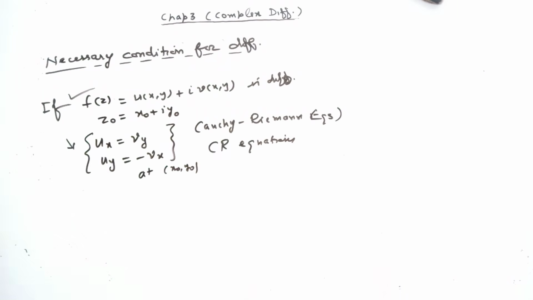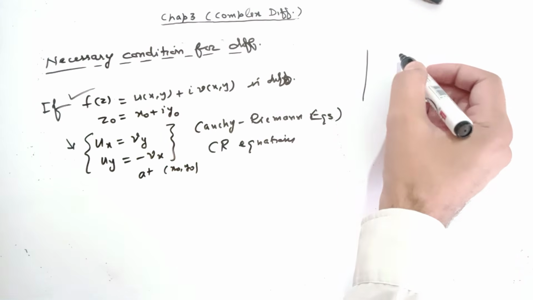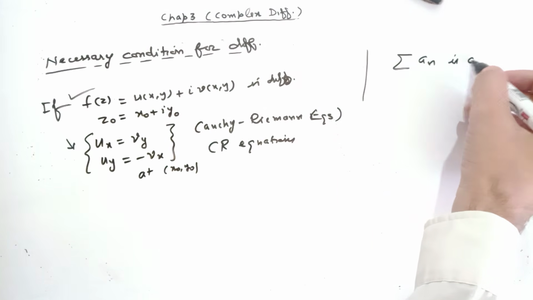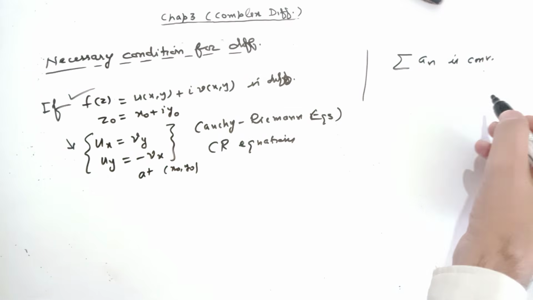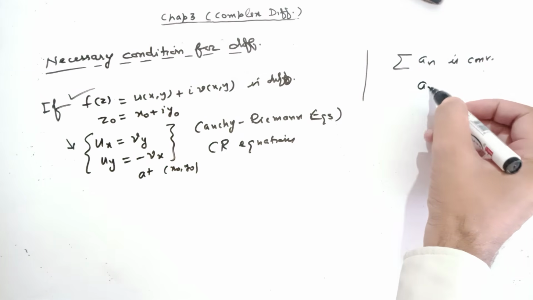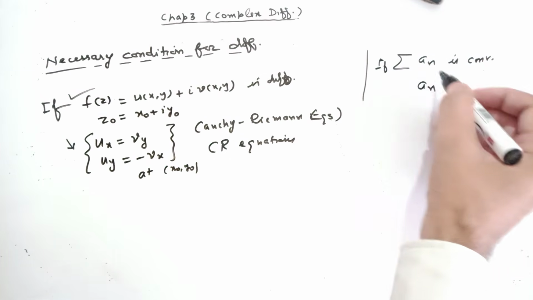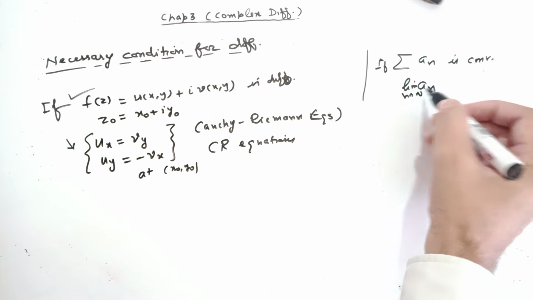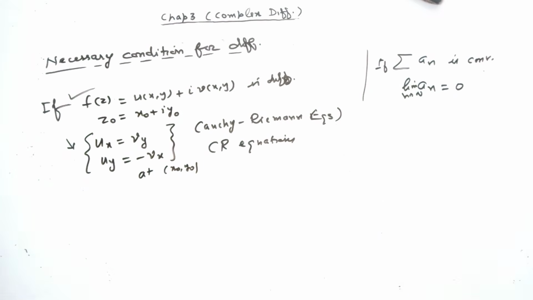What if these are satisfied? If these are satisfied, then you cannot say that the function is differentiable. Hope you recall that result from infinite series. If this positive term series summation a_n is convergent, then limit of nth term is 0.